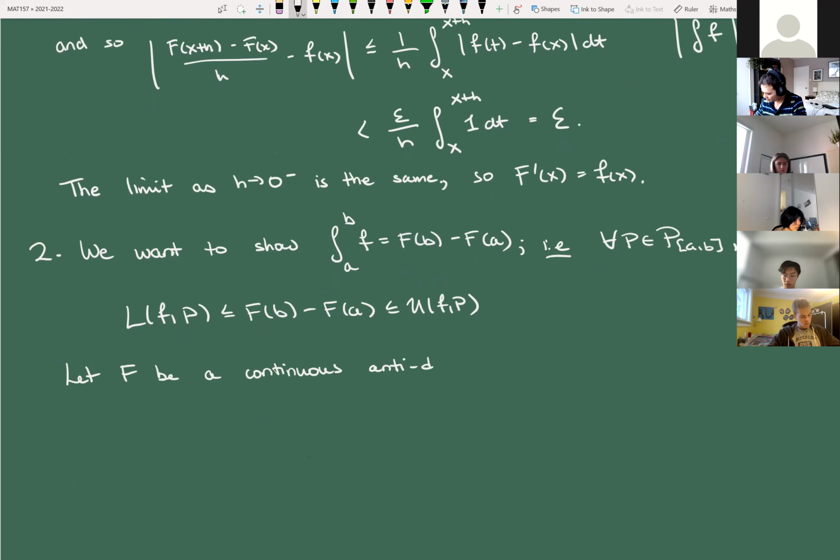And we're going to need that. Okay, and then the assumption is that it fails to be differentiable at only finitely many points. So let's just enumerate those points.